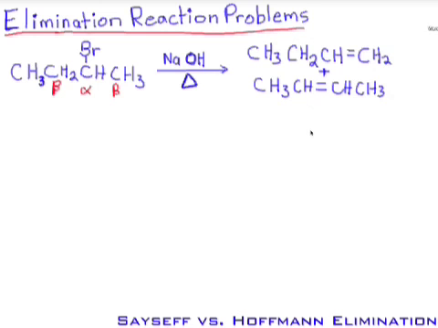I also can indicate who is major and minor. In most cases, the more stable double bond will be major. There will be one exception to that, which we will examine.